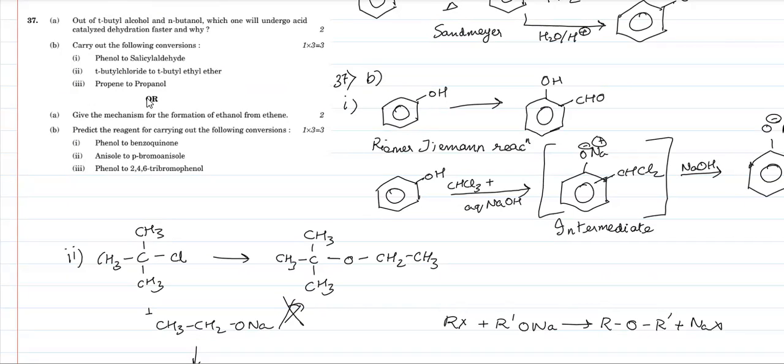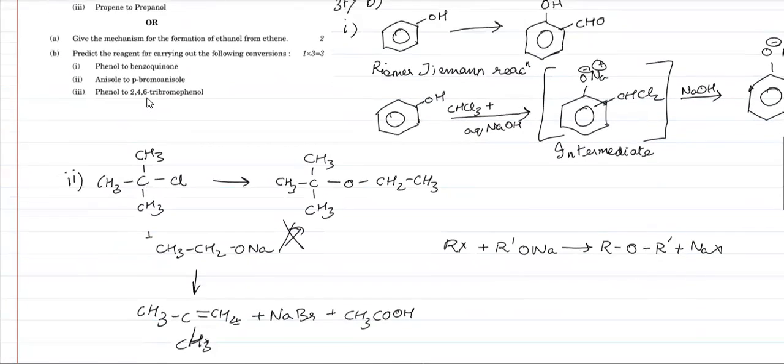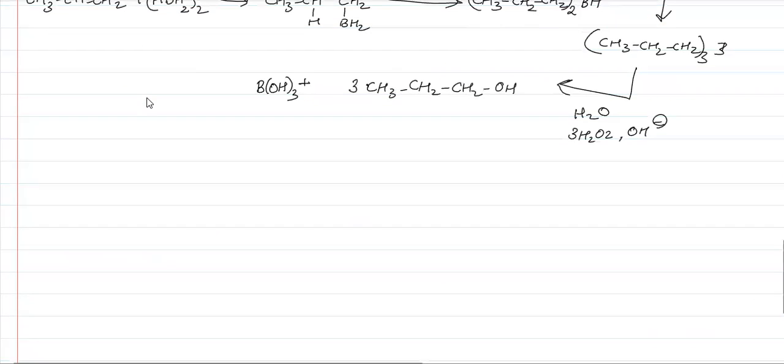The next one is B, predict the reagent for carrying out the following conversions. So the first one is phenol to benzoquinone. Now, phenol to benzoquinone, again, we're going to be writing the reactants and the products. So phenol is giving rise to benzoquinone. So how is this particular reaction happening?